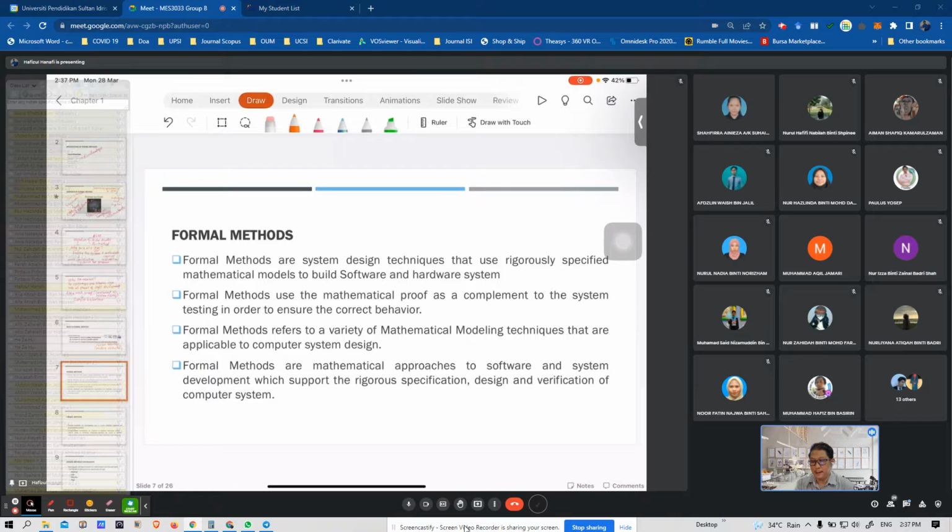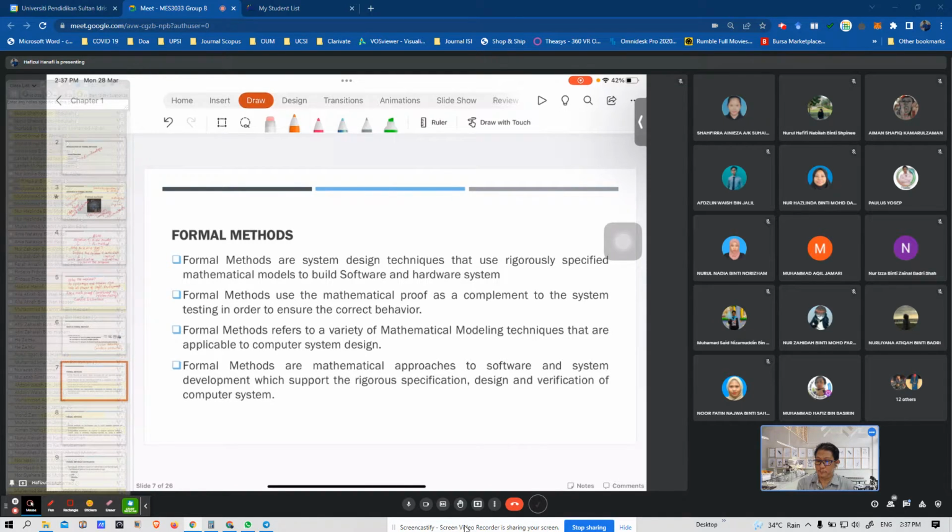Okay, this one is just a simple explanation of what formal method is. Formal method basically involves model checking and property checking. This method is for checking whether a finite state model of the system meets a given specification, also known as correctness lah.